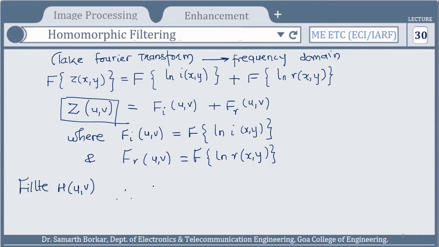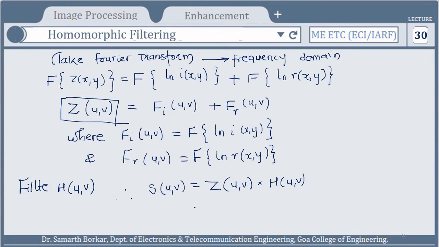So I can write this as S of u v is equal to Z of u v into H of u v. The convolution in the spatial domain or the time domain is a multiplication in the frequency domain.